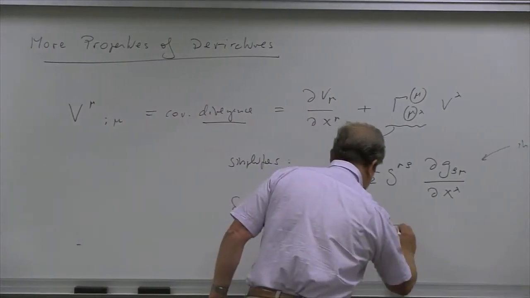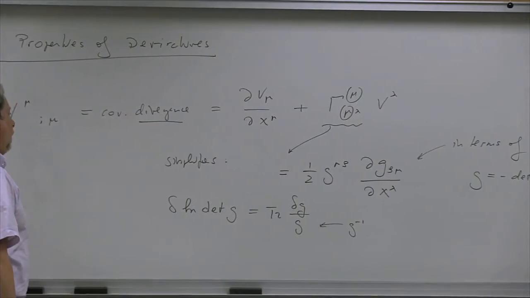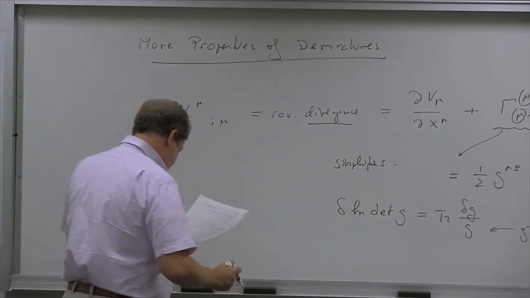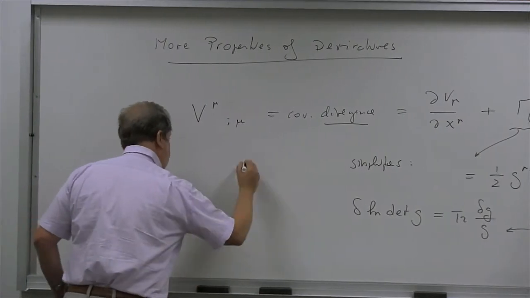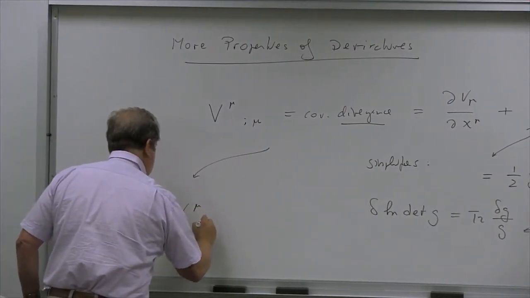So this thing here is just g to the -1, the inverse metric. And so you can do a few manipulations and you find out that that results in v mu semicolon mu.